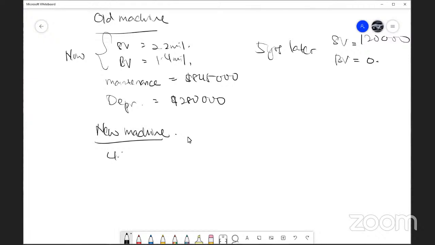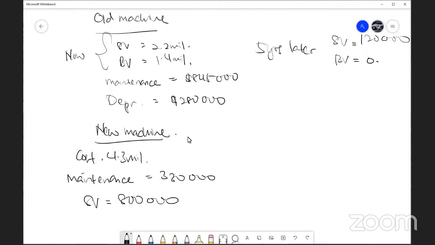So it's going to cost you 4.3 million as initial investment, and require a maintenance cost of $330,000 per year during the economic life of 5 years. At the end of 5 years, the new machine will have a salvage value of $800,000.